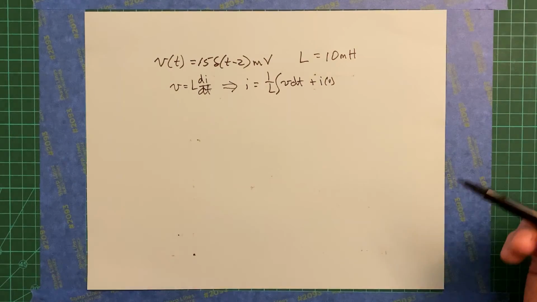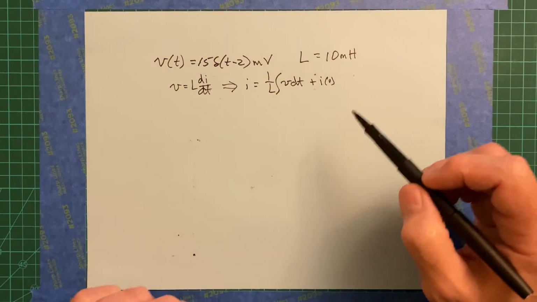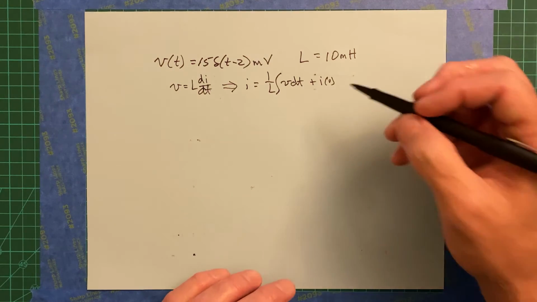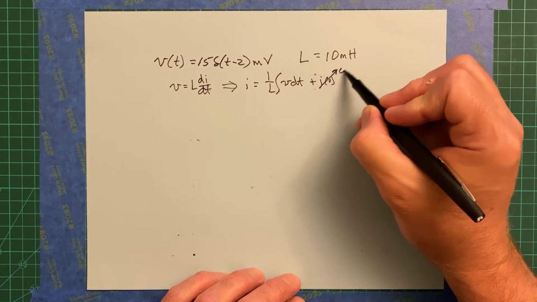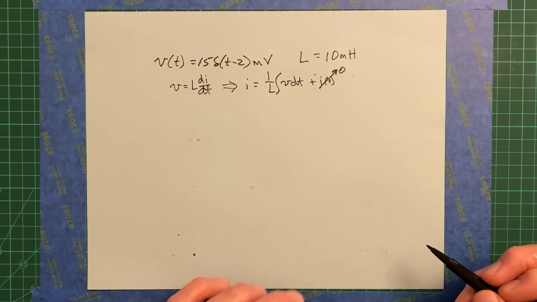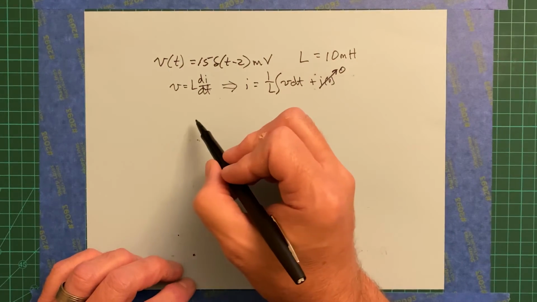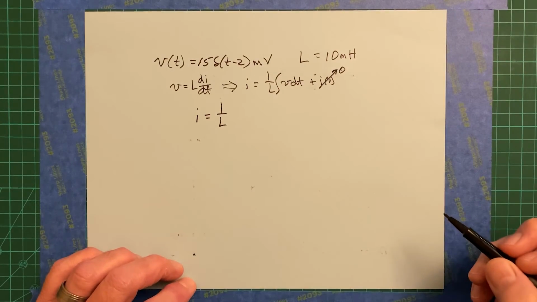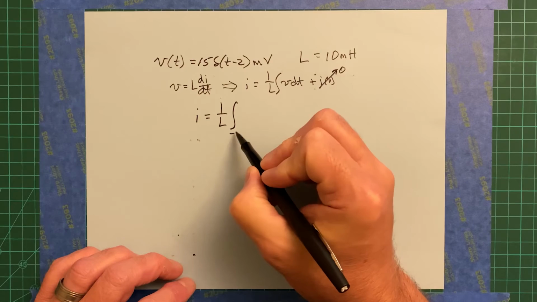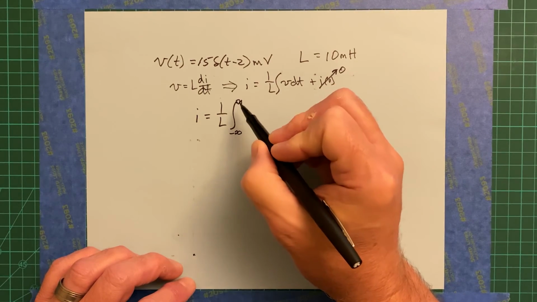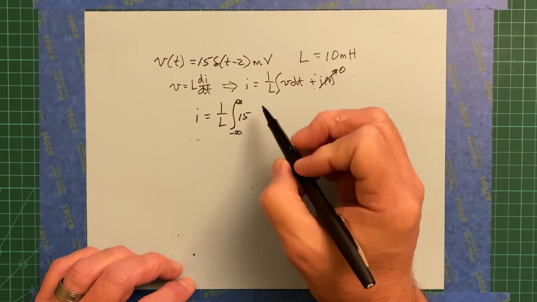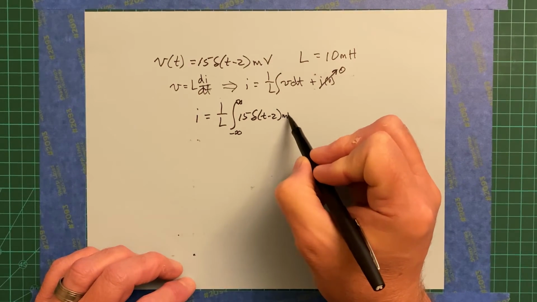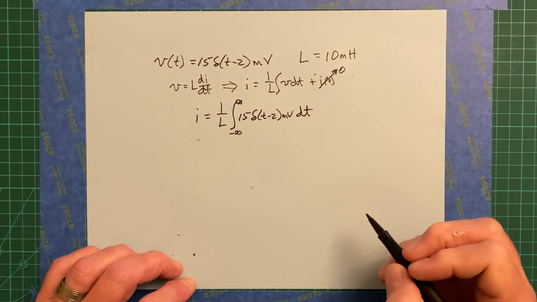And we will assume for the sake of this problem that there was no initial current passing through the inductor, so this is really 0 here. Okay, what does that mean? That means the current is going to be 1 over L times the integral from negative infinity to infinity of 15 delta of t minus 2 millivolts dt, like that.